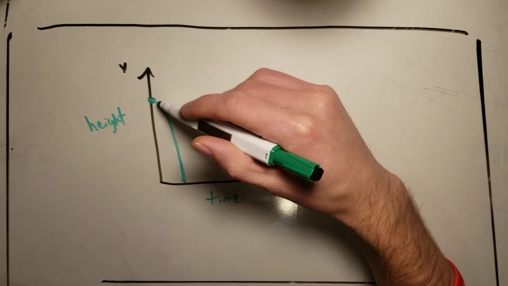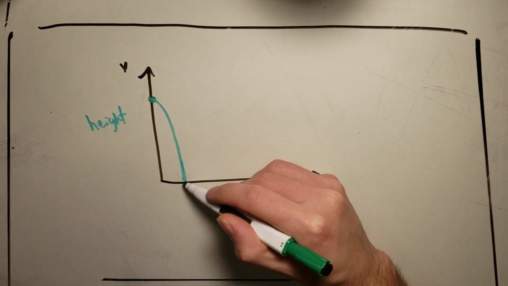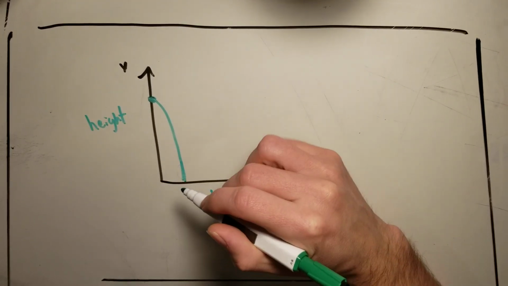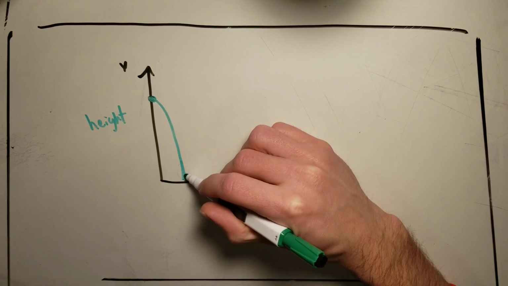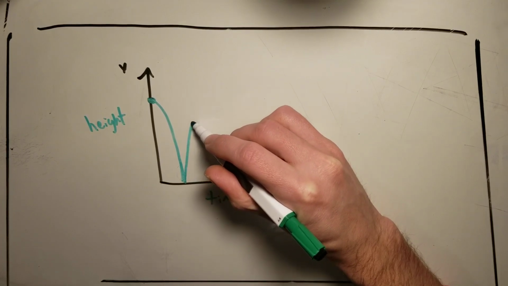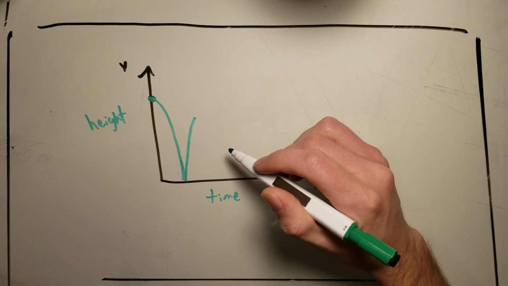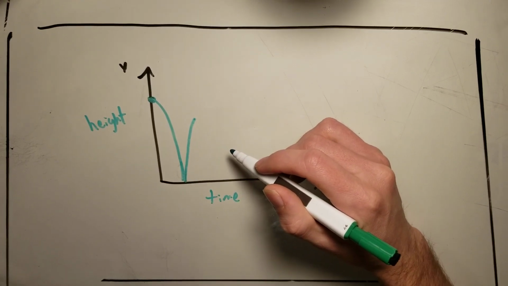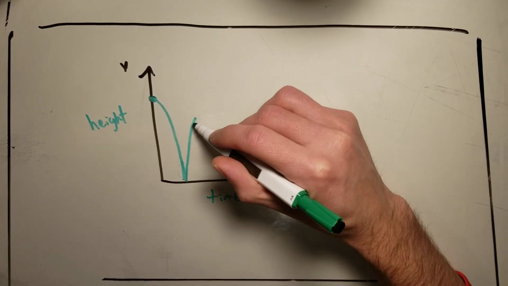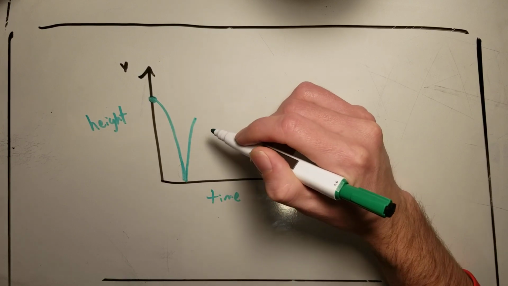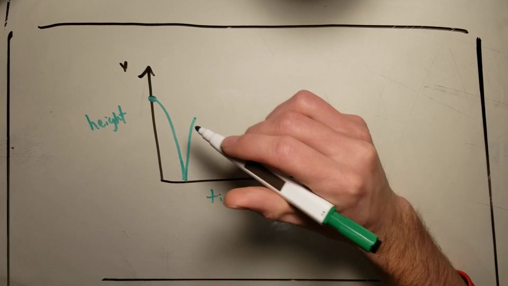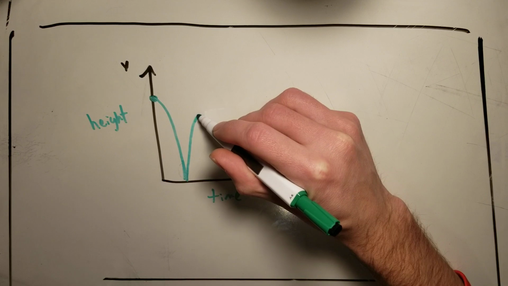Now, once you hit the ground, what happens with the tennis ball is it bounces back up. It's going to go up and up and up, and it's going to come close to the same height. As it gets closer to that height, its speed is slowing down. If you want to relate that to your science class, its kinetic energy is turning into potential energy as it goes higher up.